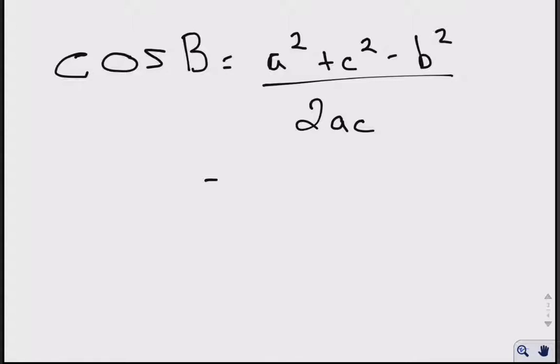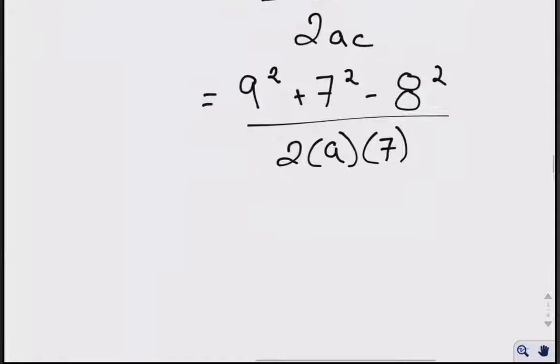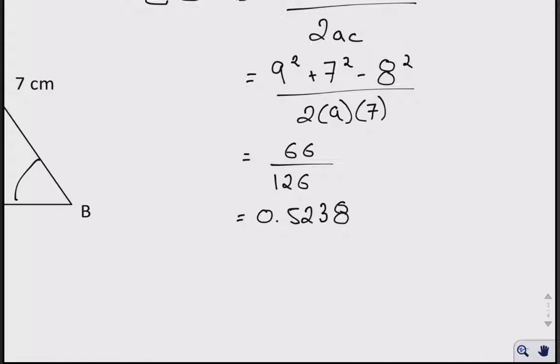So now in this case, I know what A is. A is 9 squared plus 7 squared minus 8 squared, and this is all over 2 times 9 times 7, which yields 66 over 126, which gives me 0.5238. Finally, my answer, I take B to be the cos inverse of 0.5238.